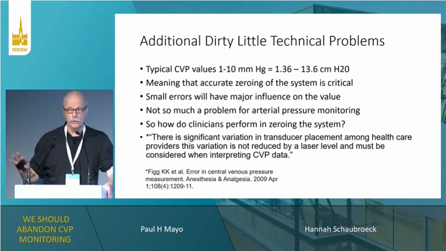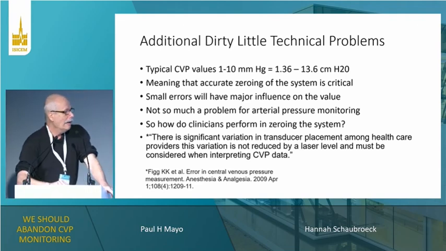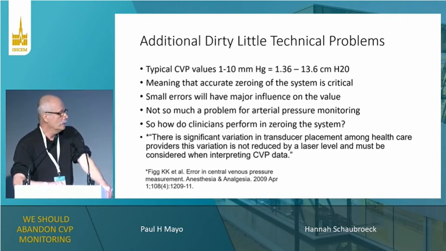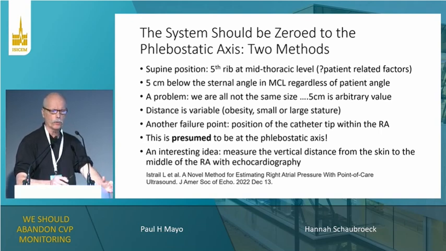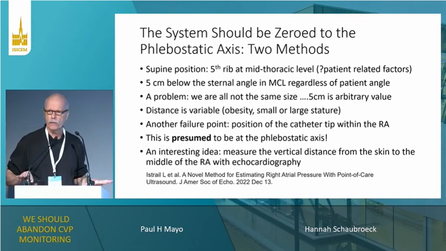And I'm not even talking about nursing staff who are in a hurry and don't do very well. Here's a nice example of that, even with laser zeroing, all right? And the reason for that is we're supposed to do it in supine position without the patient angled at all, no pillows or anything. Totally flat, right?